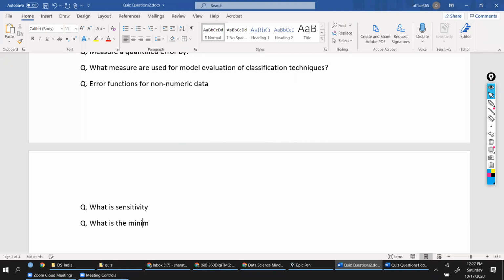What is the minimum accuracy that should be considered for a classification method?